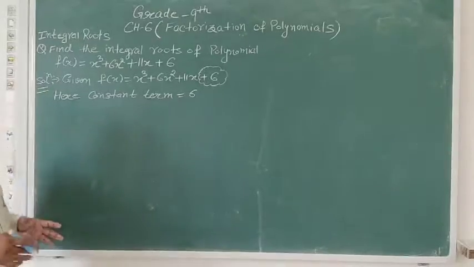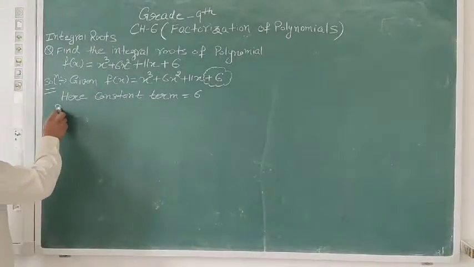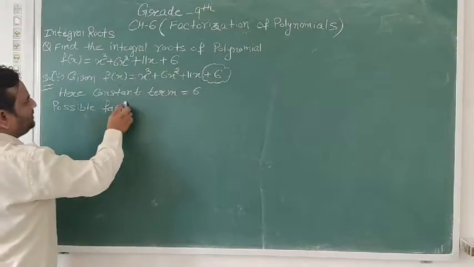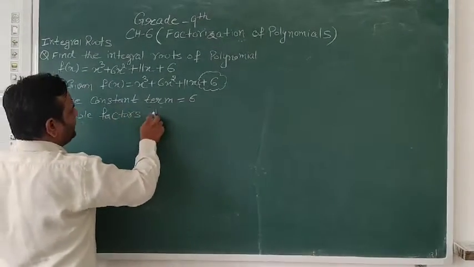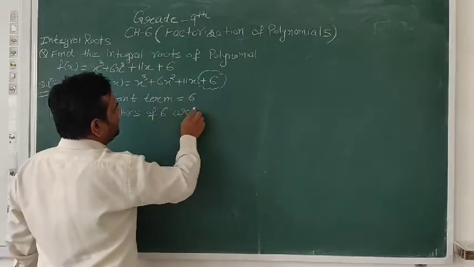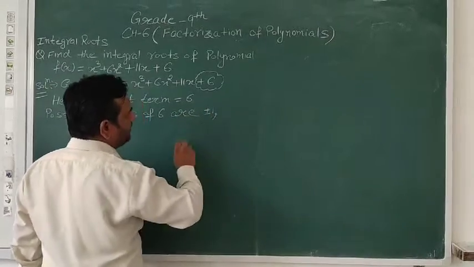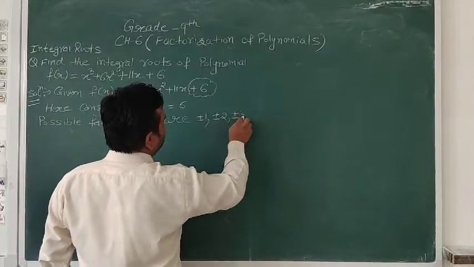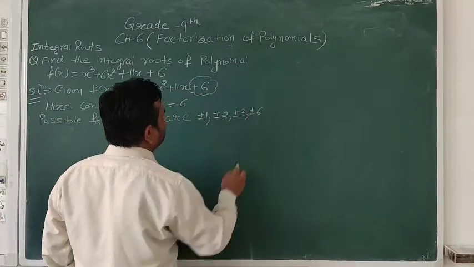So 6 is our constant term. The possible factors of 6 are plus minus 1, plus minus 2, plus minus 3, plus minus 6.